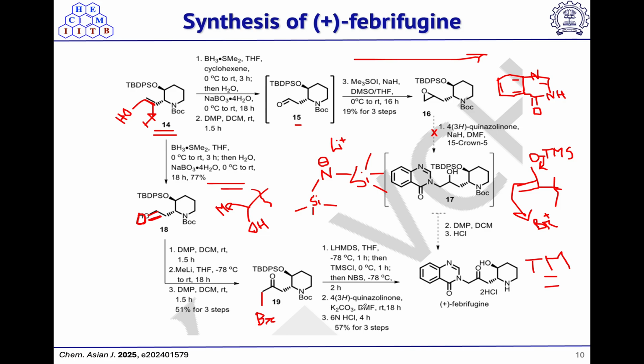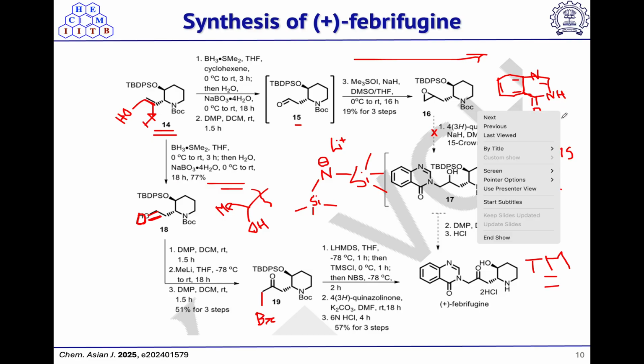So now the second step, if you see that quinazolinone, so this is the quinazolinone, right? Quinazolinone, K2CO3 in DMF they use. So this K2CO3 will take a proton from this quinazolinone, so it will form this free amine.